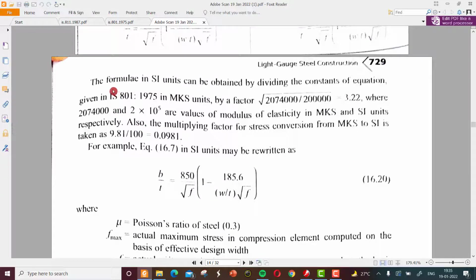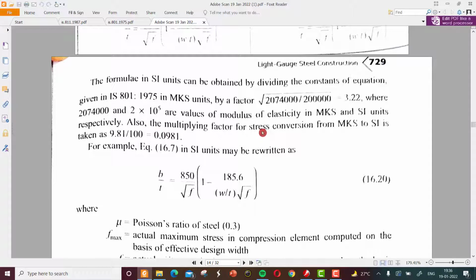And this is the important thing, that the formula in SI units can be obtained by dividing the constants of the equation given in IS 801 1975 in MKS unit by a factor. It is 3.22, where it is actually 20 lakh 74,000 and 2 into 10 power 5, the values of modulus of elasticity in MKS and SI units respectively.